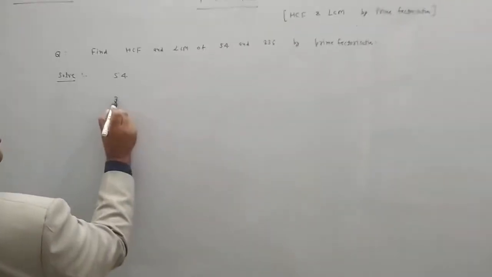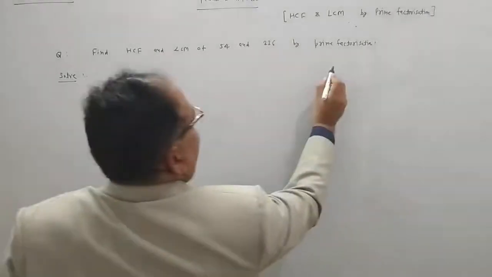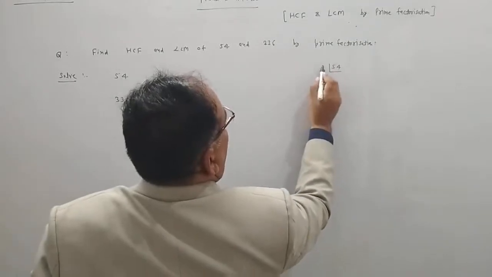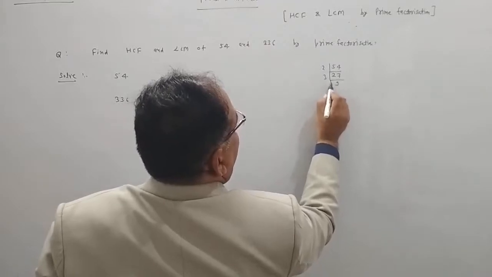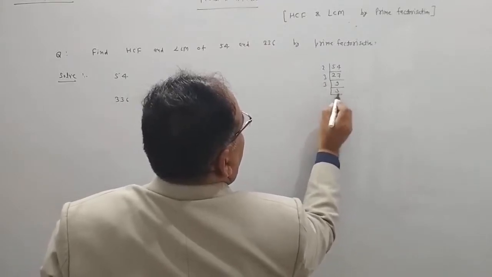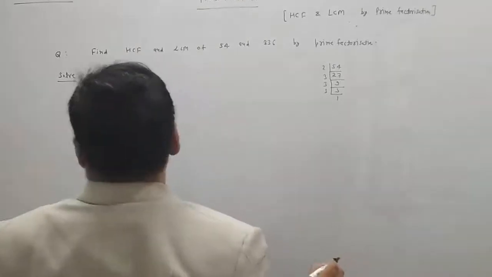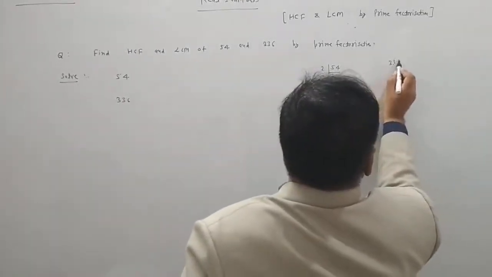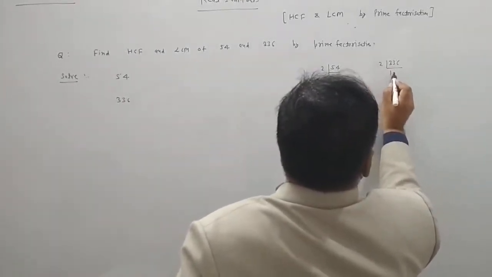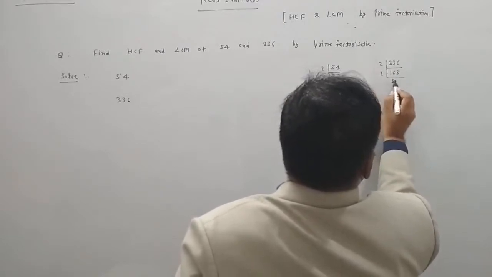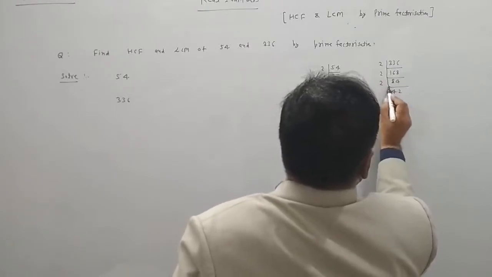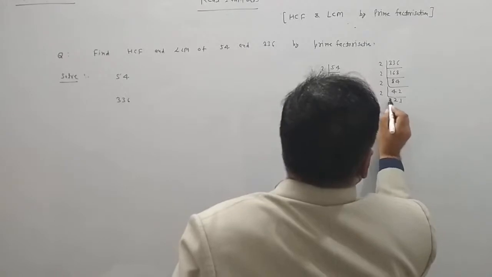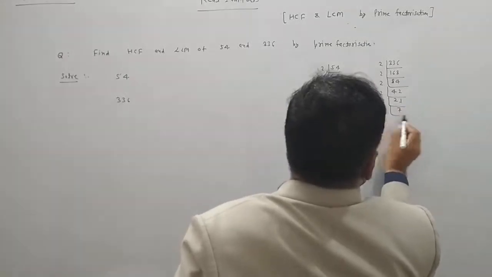54 and 336. So 54 can be reduced: 2 27s are 54, 3 9s are 27, 3 3s are 9, 3 1s are 3. And next, 336 can be reduced: 2 168s are 336, 2 84s are 168, 2 42s are 84, 2 21s are 42, 3 7s are 21, and 7 1s are 7.